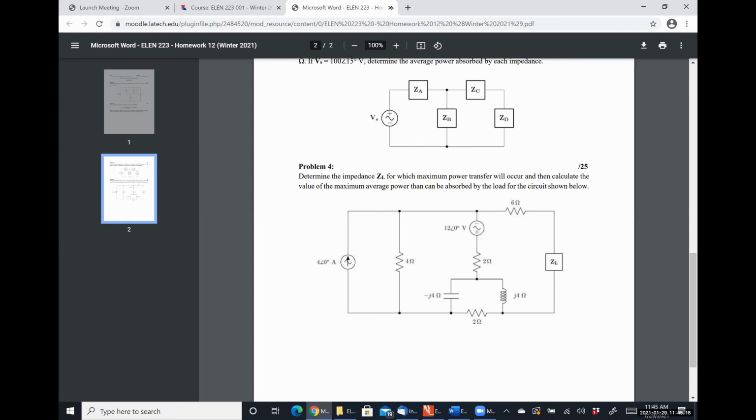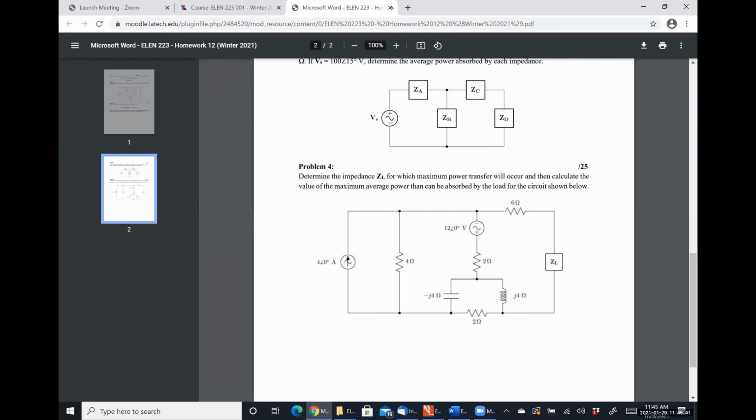Since you need to know V Thevenin anyway, I would argue that's probably the easier method. So disconnect ZL, find V Thevenin, replace ZL with a short circuit, find I Norton, and then V Thevenin divided by I Norton gives you the Z Thevenin that you're looking for.